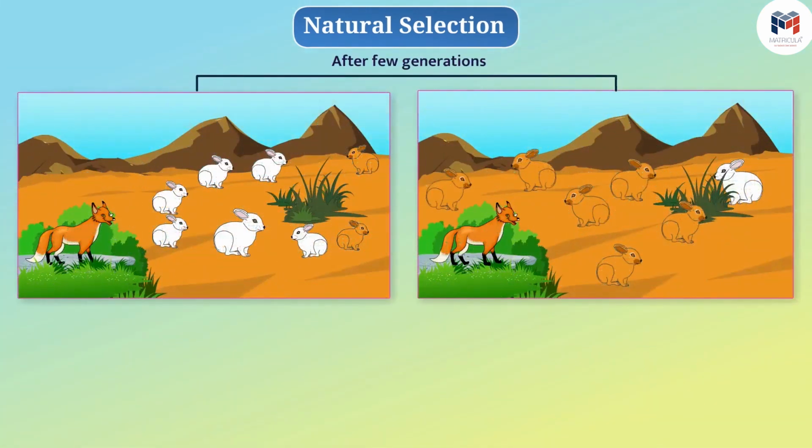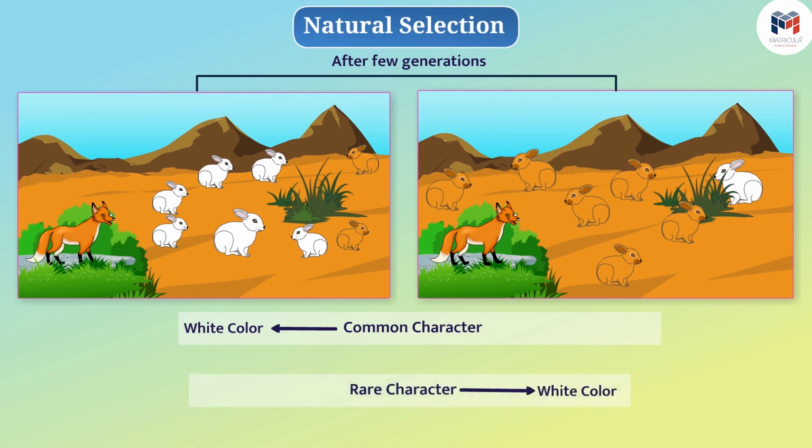After a few generations, the number of white rabbits will be much less than the brown rabbits. In this way, white color that was initially a common characteristic in the rabbit population became the rare characteristic, while brown color that was rare in the beginning has now become the most common characteristic.